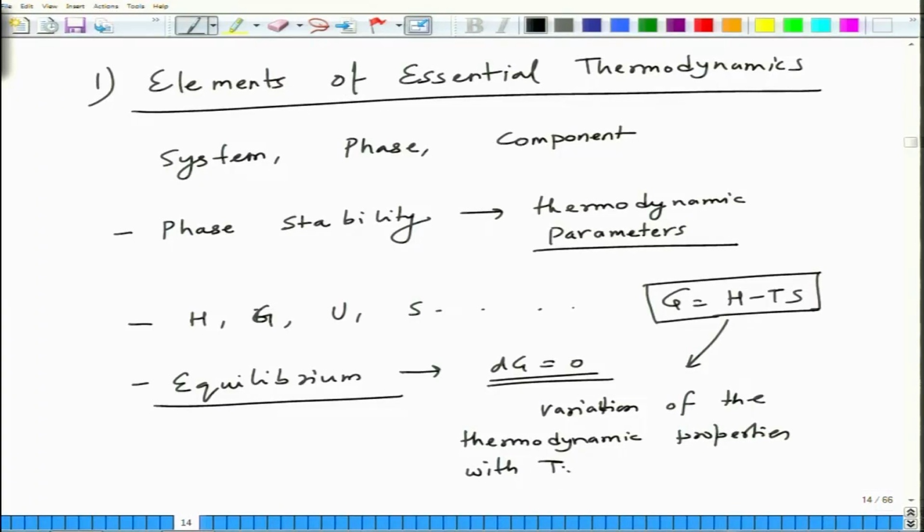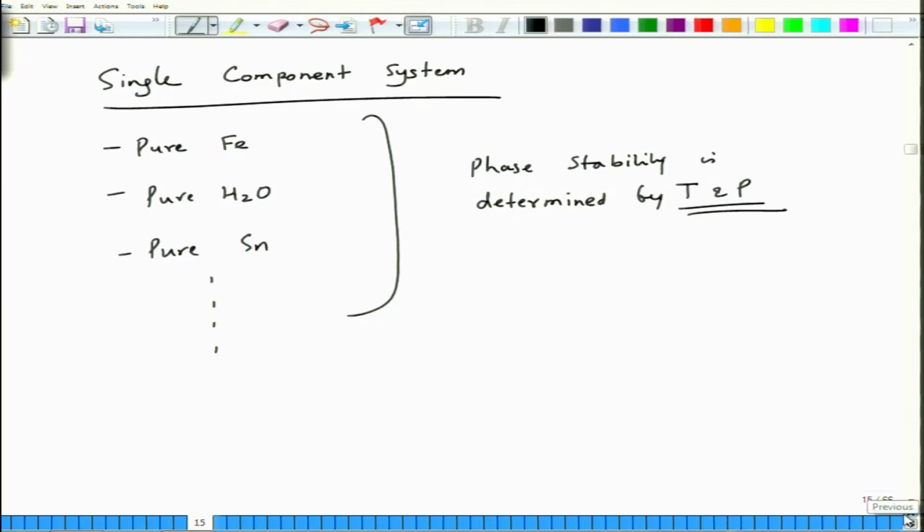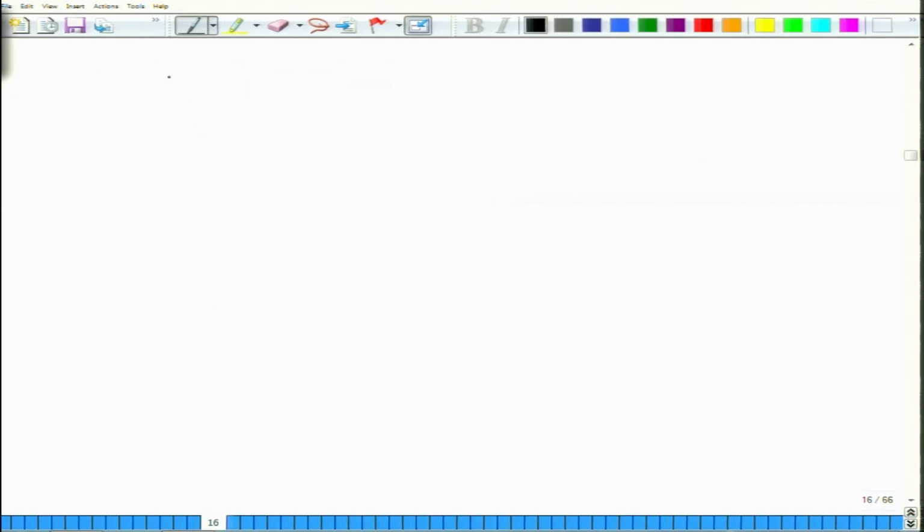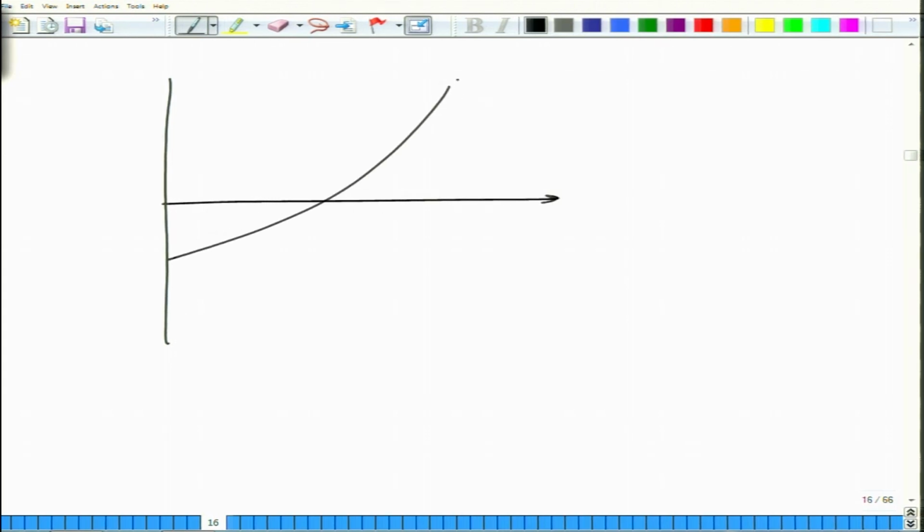So we saw how the free energy varies. If you look at the variation of free energy versus temperature, your enthalpy varies like this, this is enthalpy, and your free energy varies like this, this is G, and the difference between these two is basically the TS term. Okay. So this is 0, this is temperature, and this is how the free energy varies.